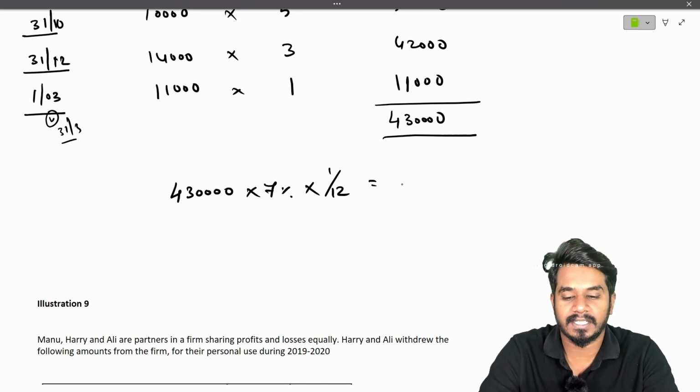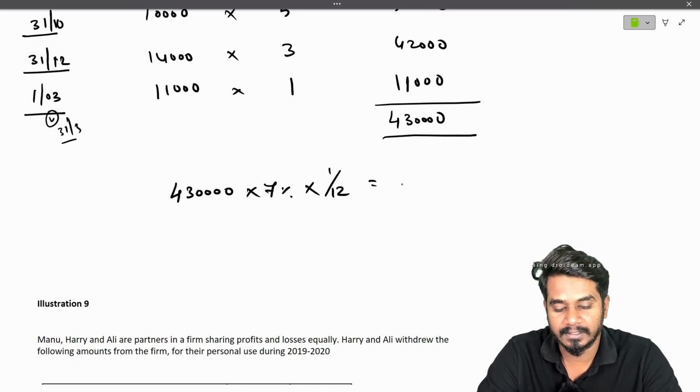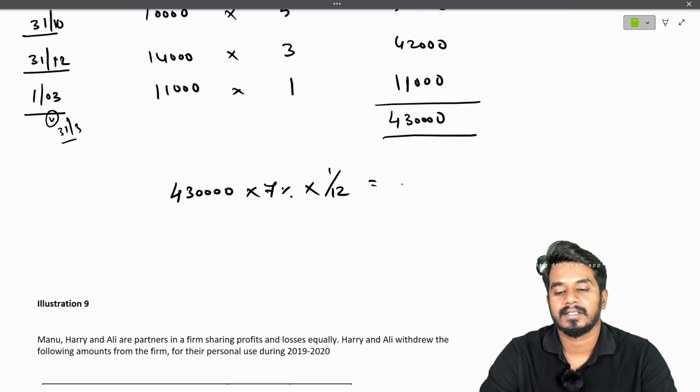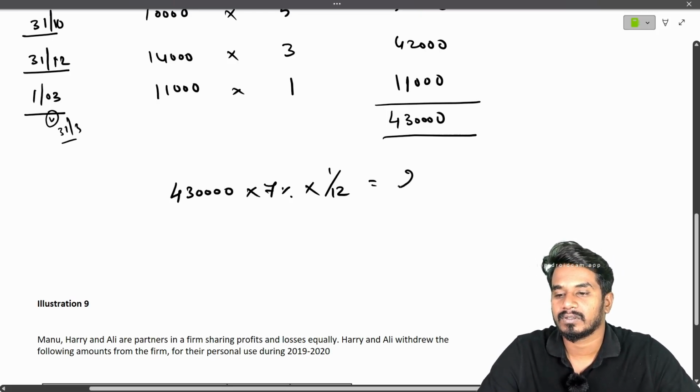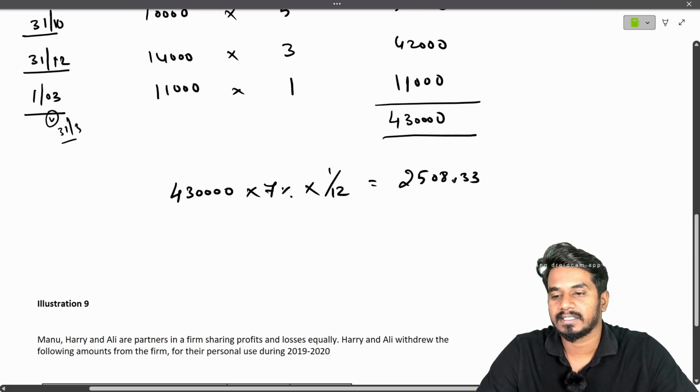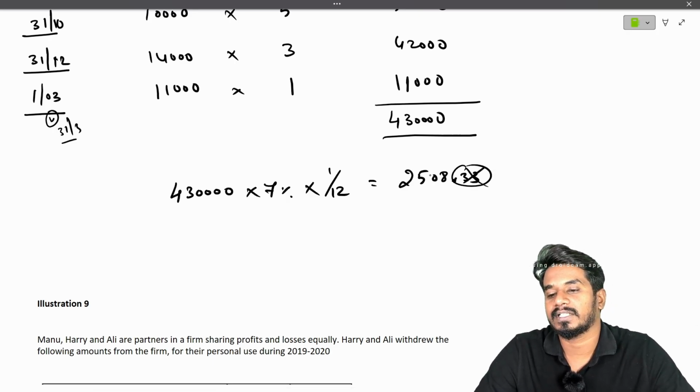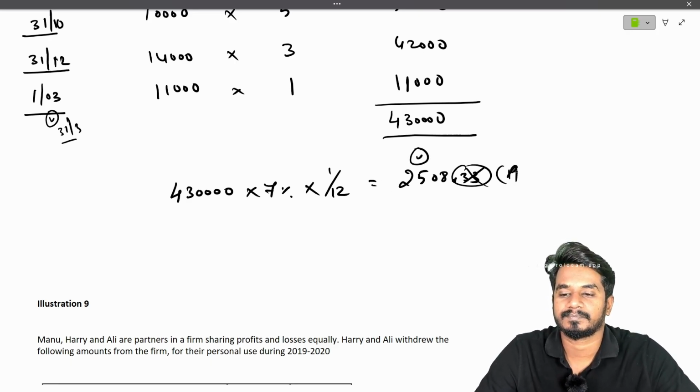So what is the interest coming out? 4,30,000 into 7% into 1 divided by 12 is 2,508.33, or else you can remove the 0.33 and show it as approximately 2,508.